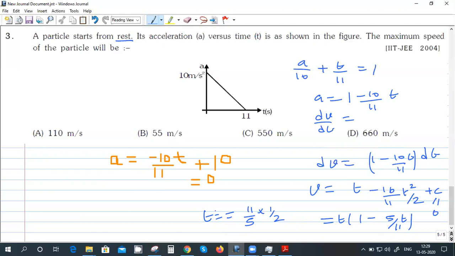I have to find velocity at that time. Velocity equal to v maximum. I have to put this value, t is 11 by 10.